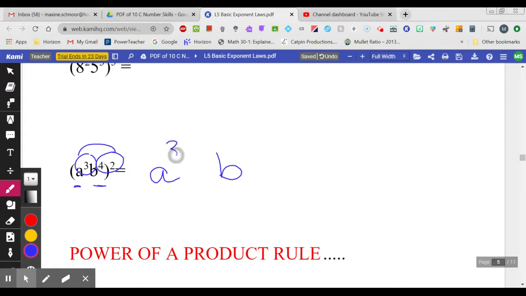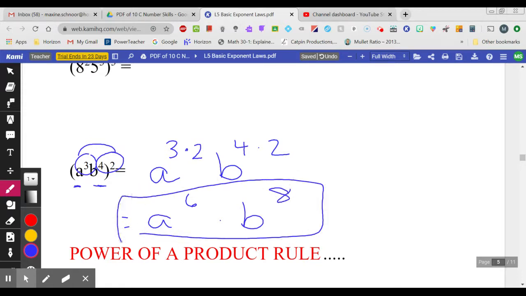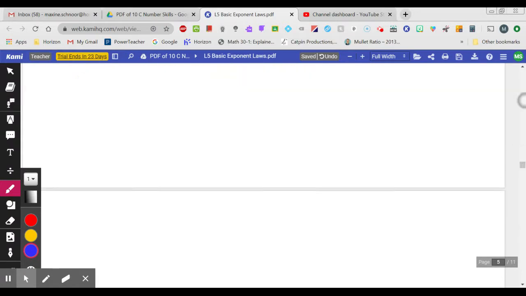So what you do is you go 3 times 2, 4 times 2. So it's a to the 6 times b to the 8. And that is the final answer. Because you can't add the 6 and the 8 because the bases are not the same. That one's called the power of a product rule.